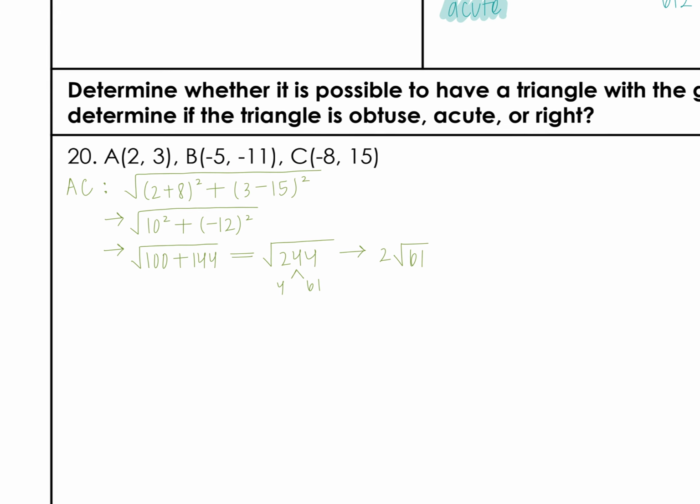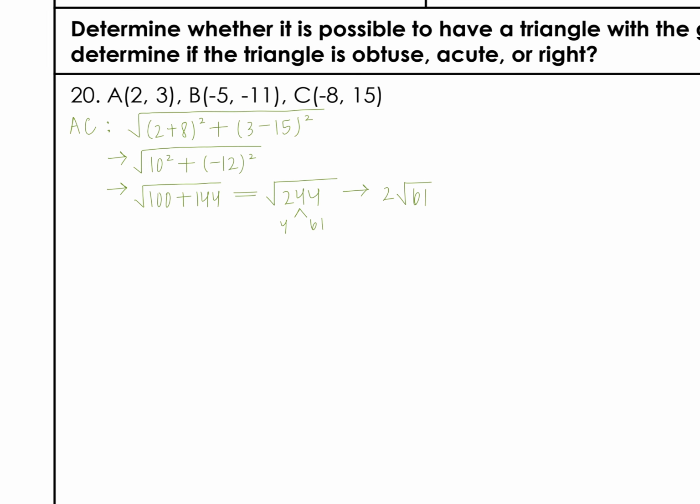Okay, now let's do this for the next side. So we'll have AB. Plugging in, we'll have 2 minus that -5, so plus 5 squared, plus 3 minus -11, which will give me 3 plus 11 squared.